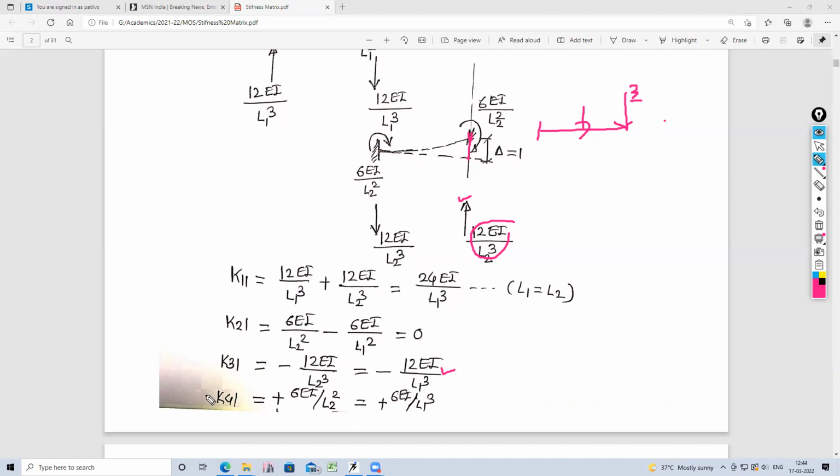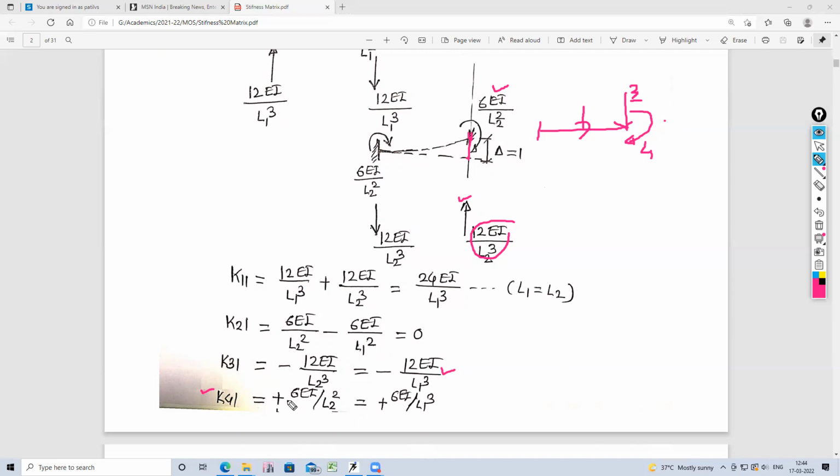And then K41. What is coordinate 4? Coordinate 4 is this. It is a moment. What is the moment produced at this point? It is 6EI upon L2 square, and it is clockwise, and the assigned direction is also clockwise. If the force produced and the assigned coordinate are in the same direction, then the element will be positive.